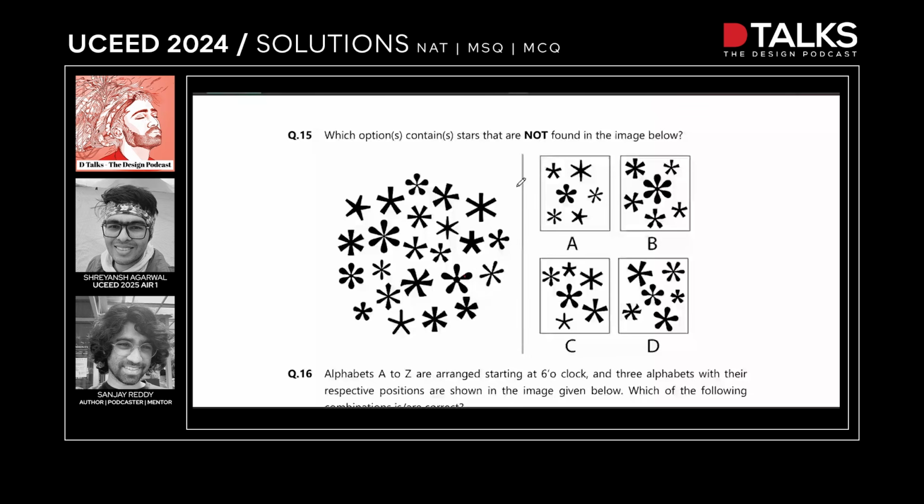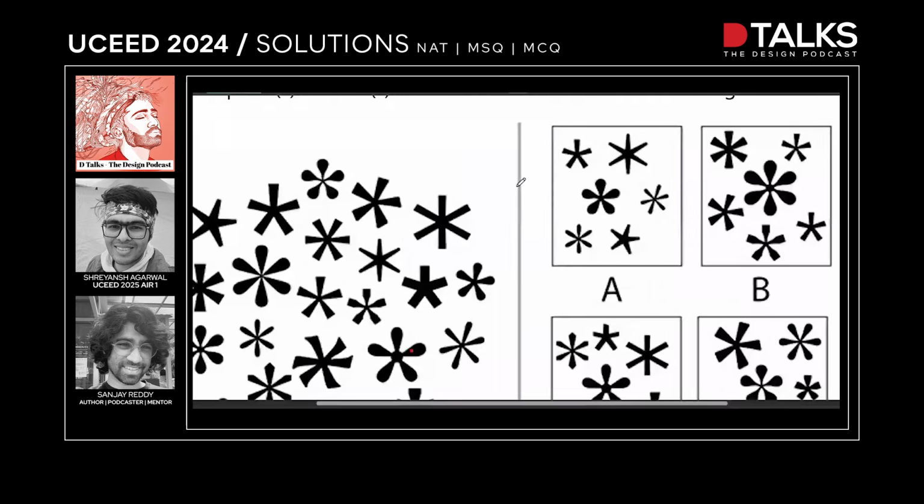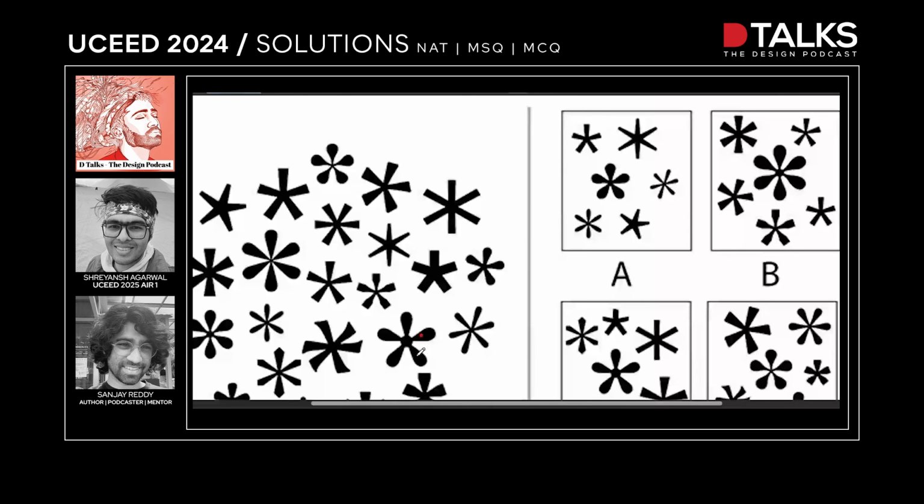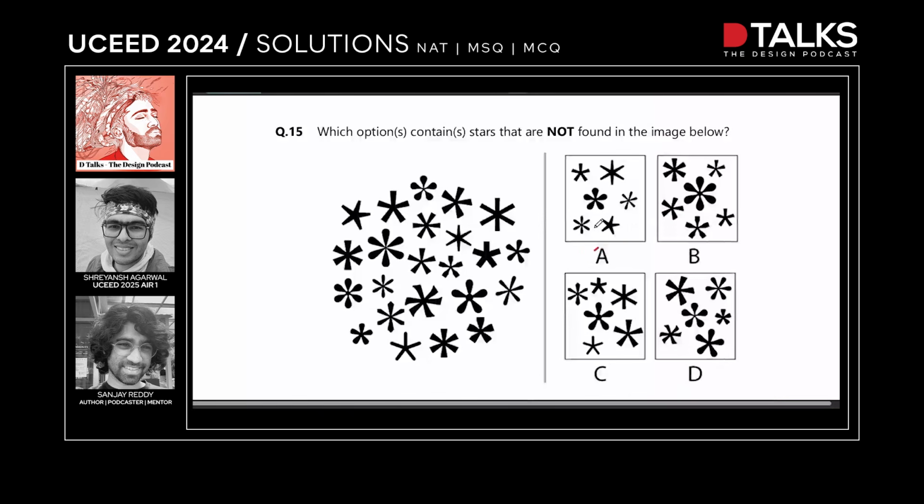No, I don't think so, because the center is not. So this is like a pentagonal shape, while this is a circular shape. So that means this particular flower is not there in the image. That means A is an answer.